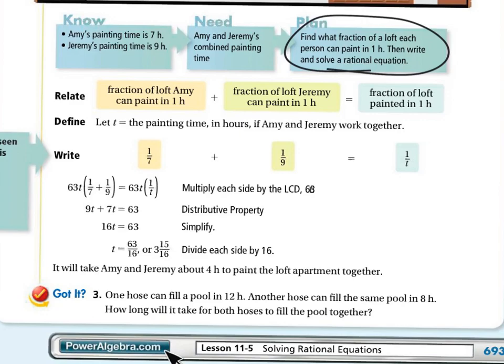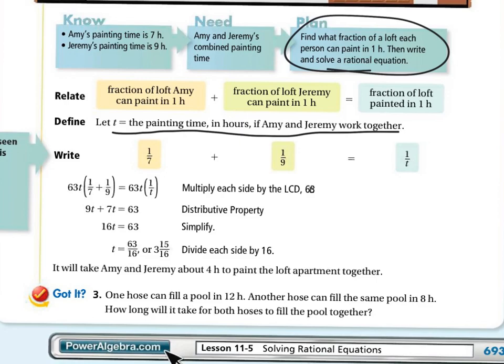The other person takes 9 hours, so they could paint 1/9 of it in an hour. And so we're going to say that equals 1 over t, and that's like their combined rate, or the combined fraction that they could paint in 1 hour.